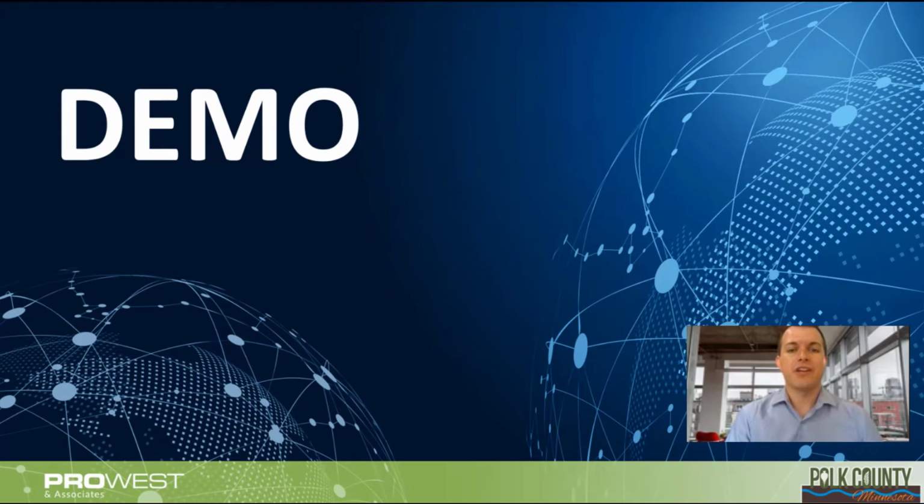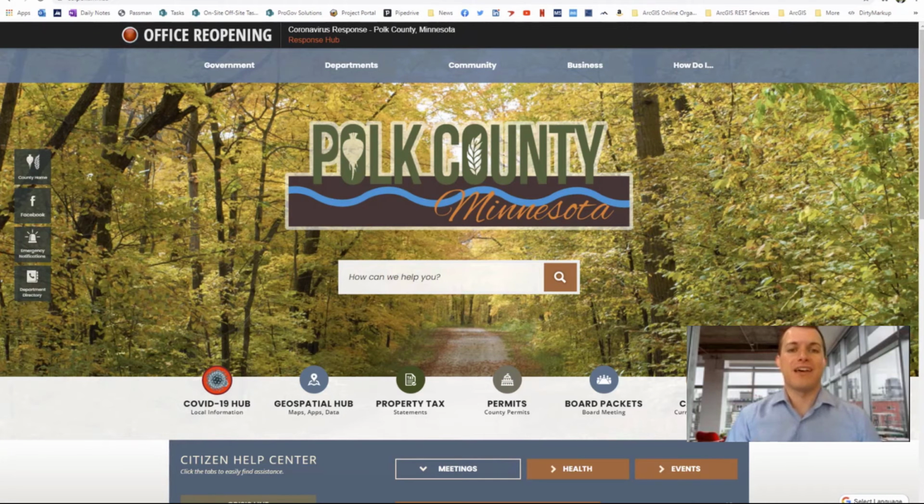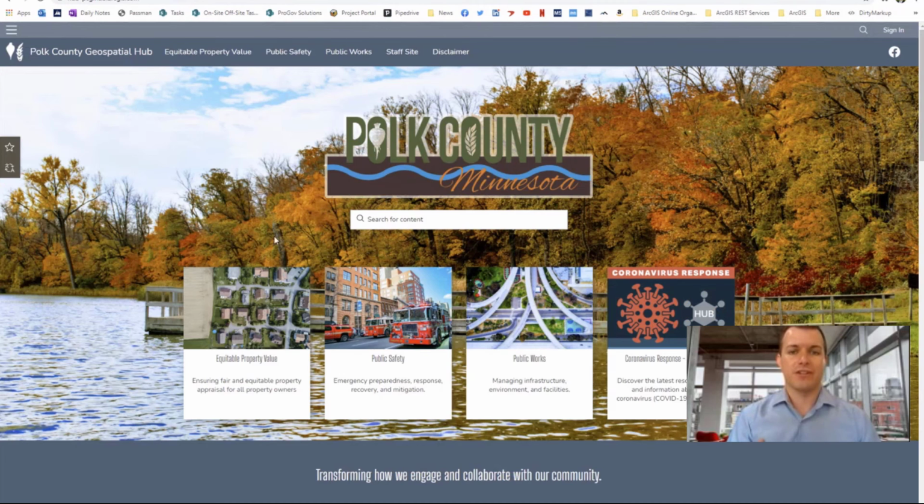Polk County had already shared its primary geospatial hub right from its county website. This hub page serves as sort of a traffic cop to help users find themes and topics that are related to the information that they may be seeking, and in this case, equitable property information.